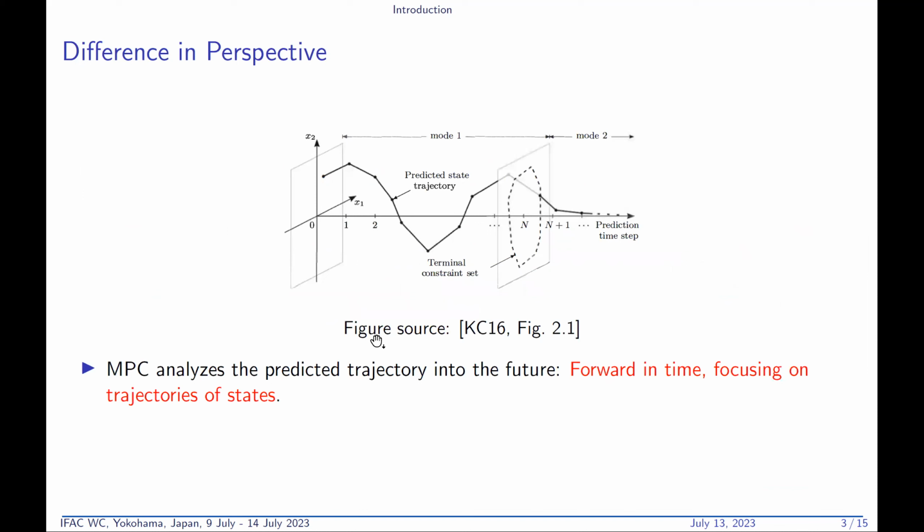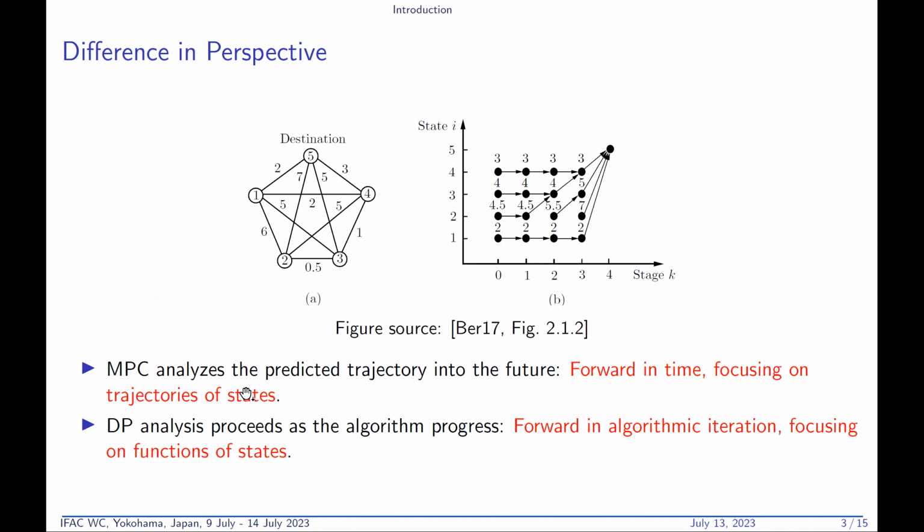MPC. We would like to highlight the difference in perspective in that MPC analyzes the predicted trajectory into the future, that is, it focuses on forward in time and on the trajectory of states, whereas dynamic programming analysis proceeds as the algorithm progresses.